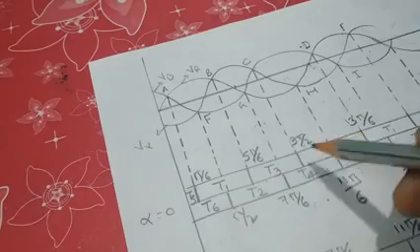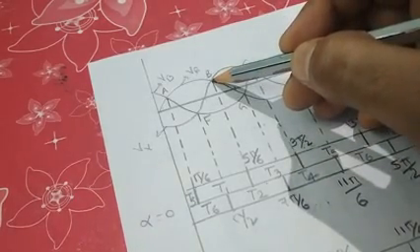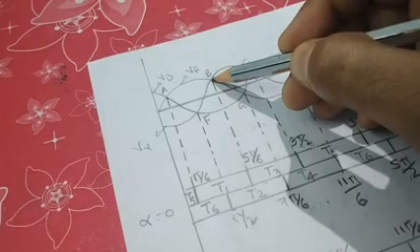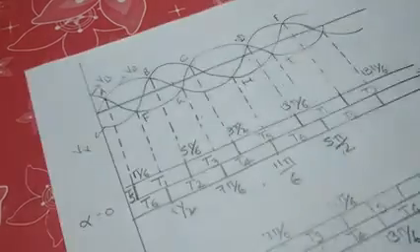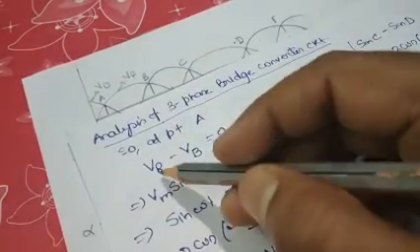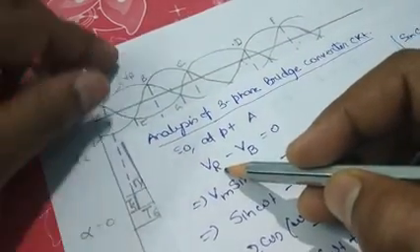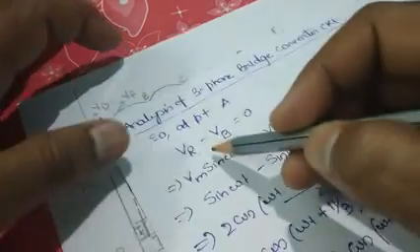Just at B, what will be the mathematical expression? VR minus VB equal to 0.